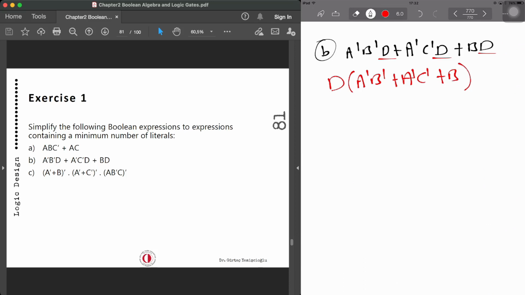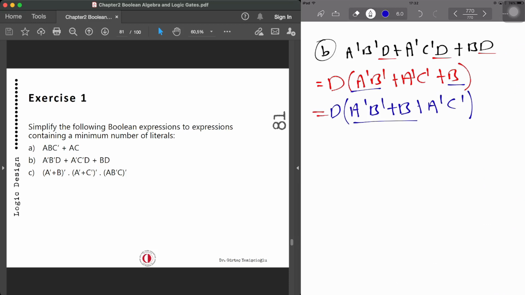A prime, and so on. What can we do on this? So by these two, we can actually have D over here, A prime, B prime, I'm just rearranging it, plus A prime, C prime.